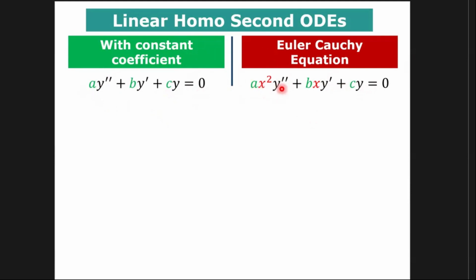So for the Euler-Cauchy equation, the coefficients in front of the dependent variables are variable coefficients, meaning that there are additional terms of variables in front. So for Euler equation specifically, in front of y double prime, there is a term of x squared, and in front of y prime, there is the term x here.